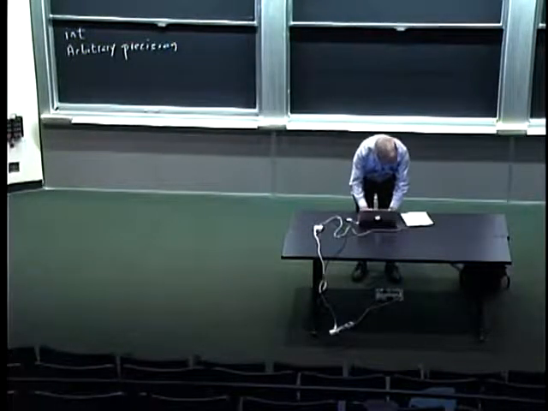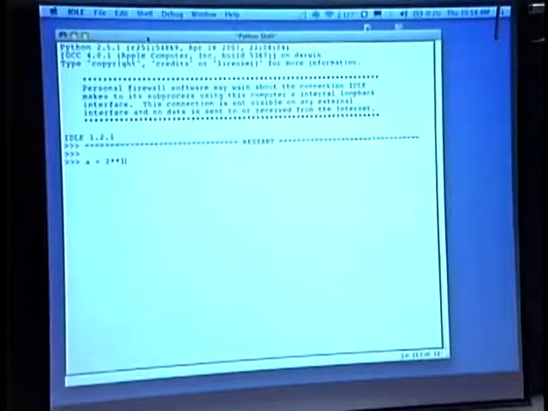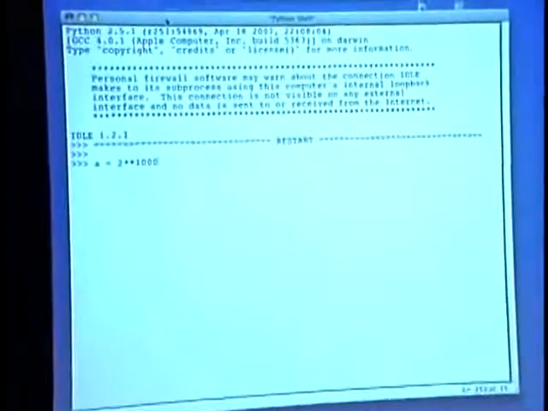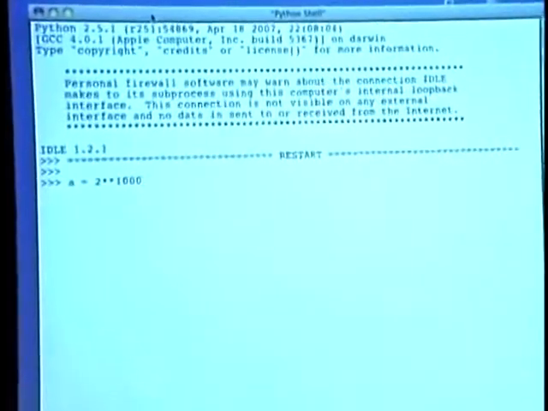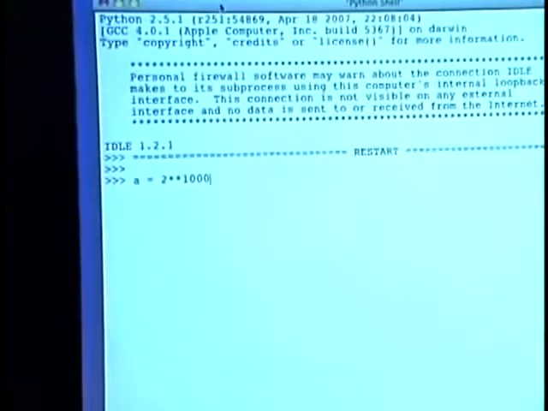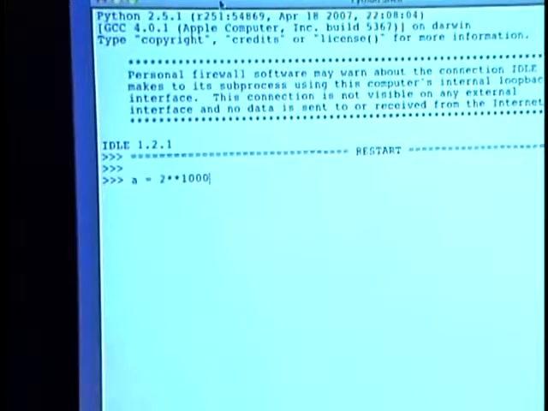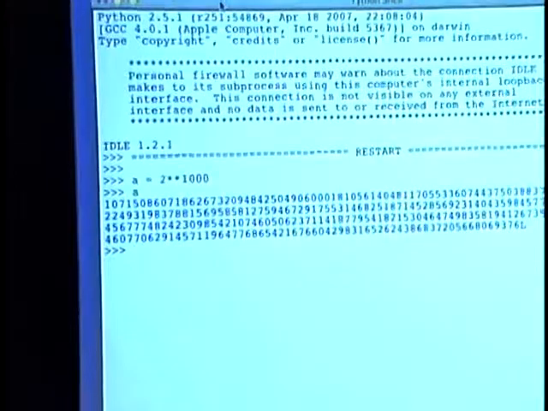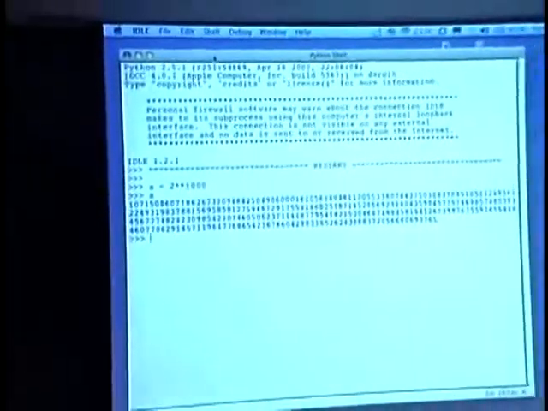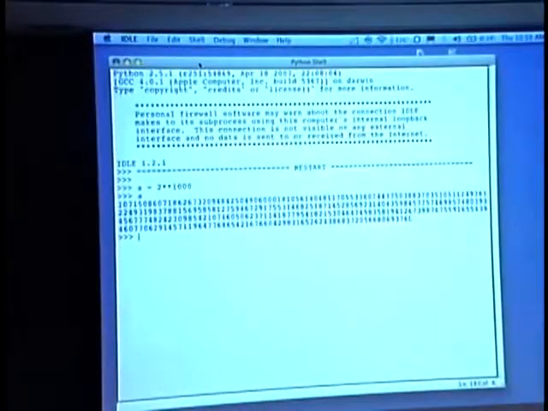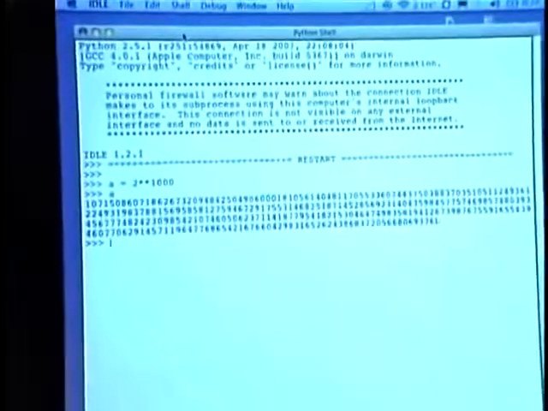We'll just take a for a variable name, and we'll set a to be 2 raised to the 1,000th power. That, by the way, is a really big number. And now what happens if we try and display it? We get a lot of digits. You can see why I'm doing this on the screen instead of writing it on the blackboard.